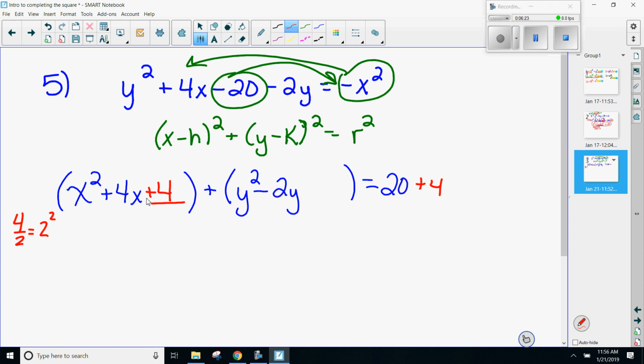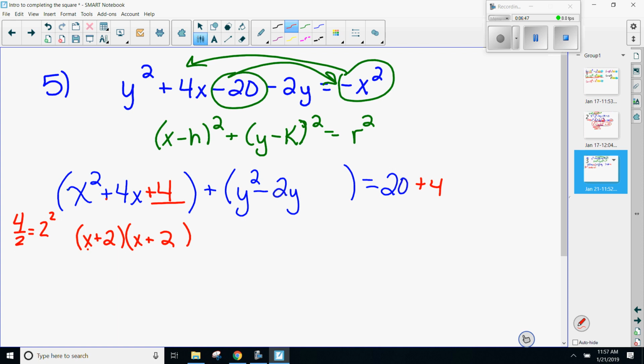And if I look at that, if I just keep focusing on this part right here, how does that factor? Well, the factor, I would put 2 sets of parentheses, and I would put x and x. What about the signs? This plus tells you they're the same, and they are both positive. So we have plus and plus, 2 and 2.